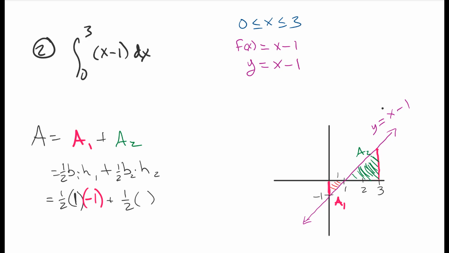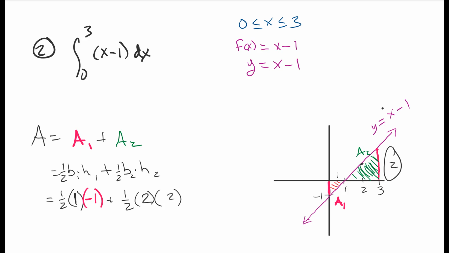Now we've got to do 1/2 our next base. So how far is it from 1 to 3 to find that base? It's 2, huh? Now what's going to be the height over here? Anybody know what this height's going to be, with this slope of 1? I'm pretty sure it's 2.